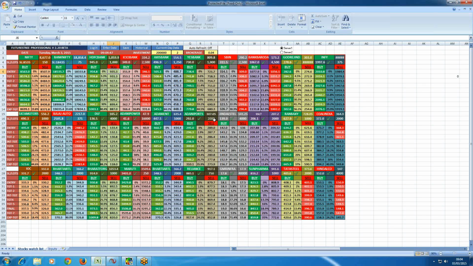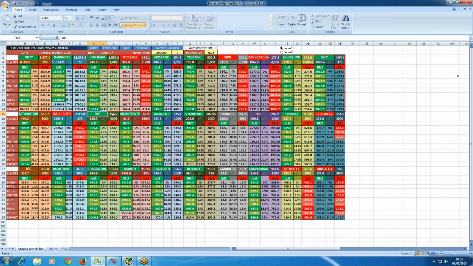So always make sure that the scripts you choose have volumes and are volatile. They should have a decent amount of volumes first. I mean, any script. In case you buy some script and it goes in the reverse direction, and suddenly you want to square off your positions, there should be a person on the other side who is ready to buy at that price.